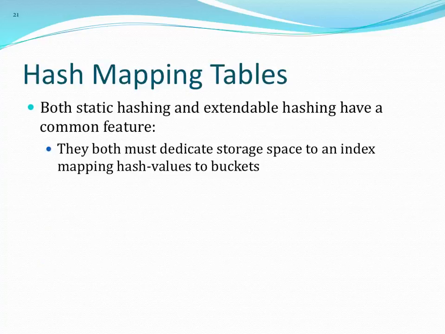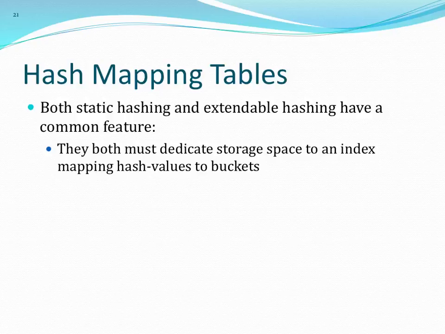Now, the observant student will notice that we have tables specifying the mapping from hash values to portions of the data file, and both static hashing and extendable hashing have that characteristic. They both need some storage space in the data file for this table.